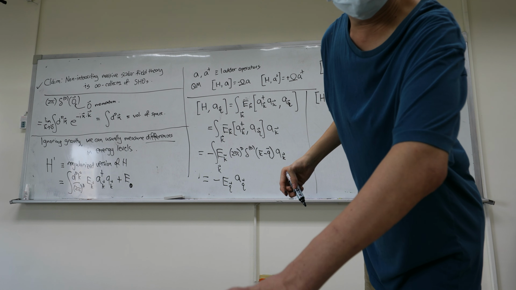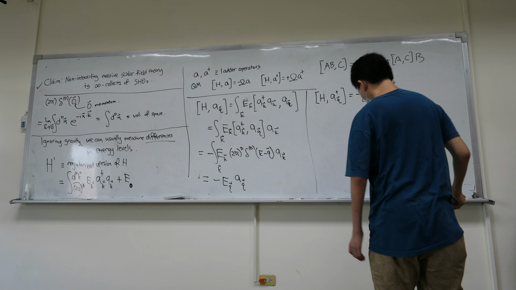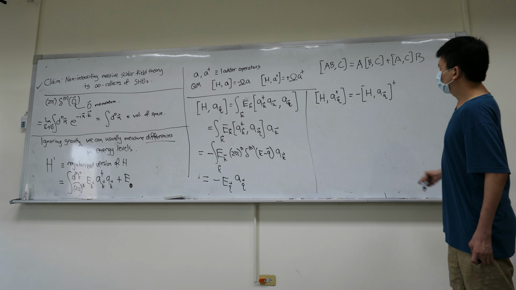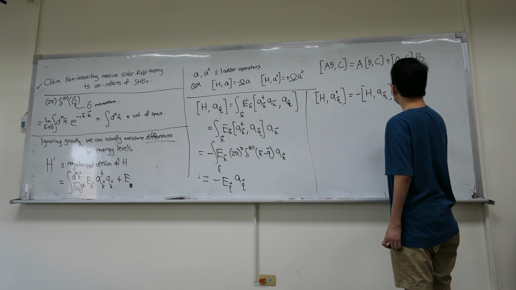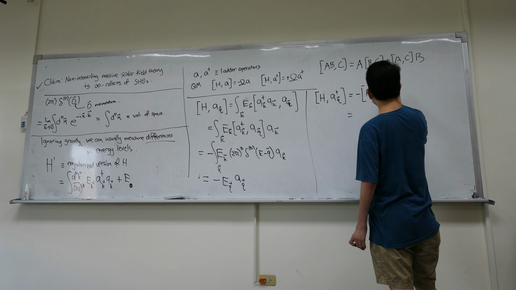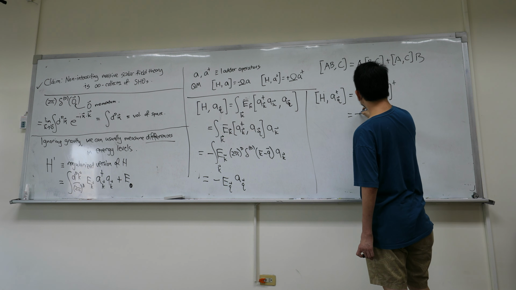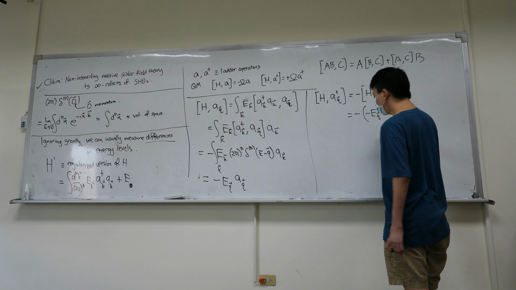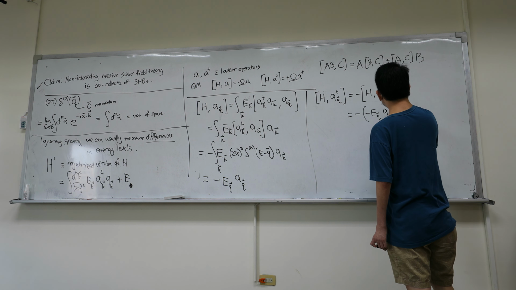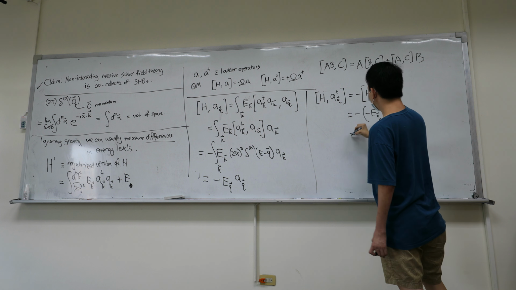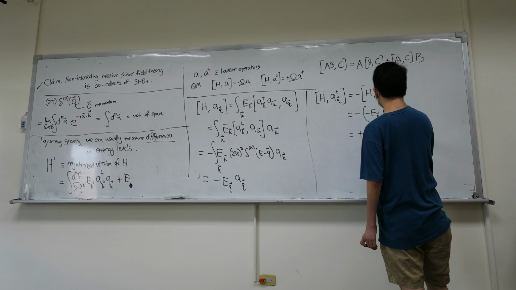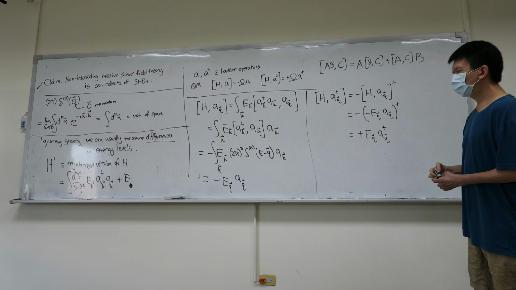And then right, and so now we can plug that in. So this is minus, and then minus e_q times a_q dagger, and you get plus e_q a_q dagger.